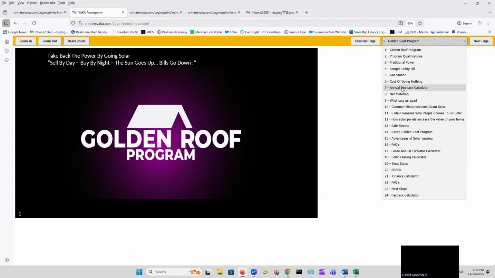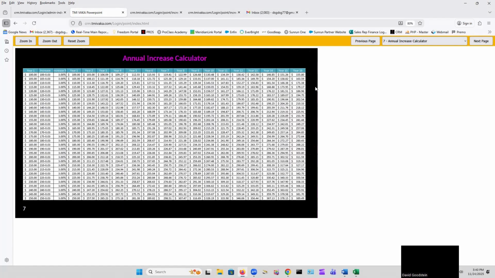So if we go to slide 7, like it's asking us to do, this slide is demonstrating how compound interest works. In this case, it's talking about annual inflation rates. We only want to use it to demonstrate how the total cost was derived and how the sausage was made.